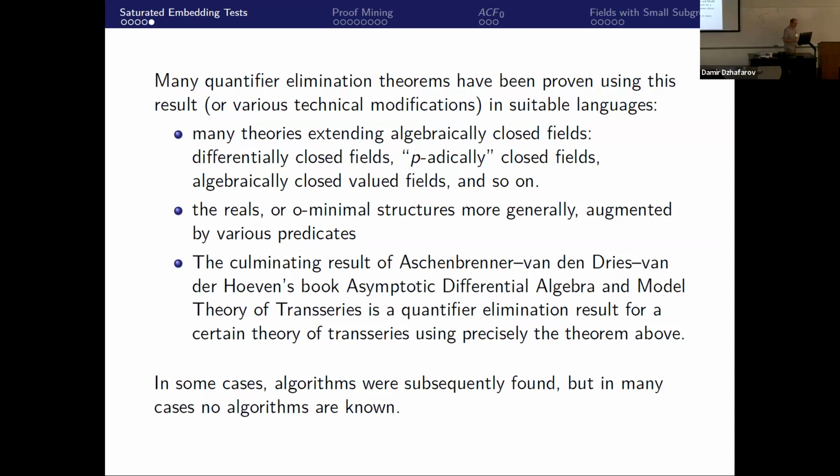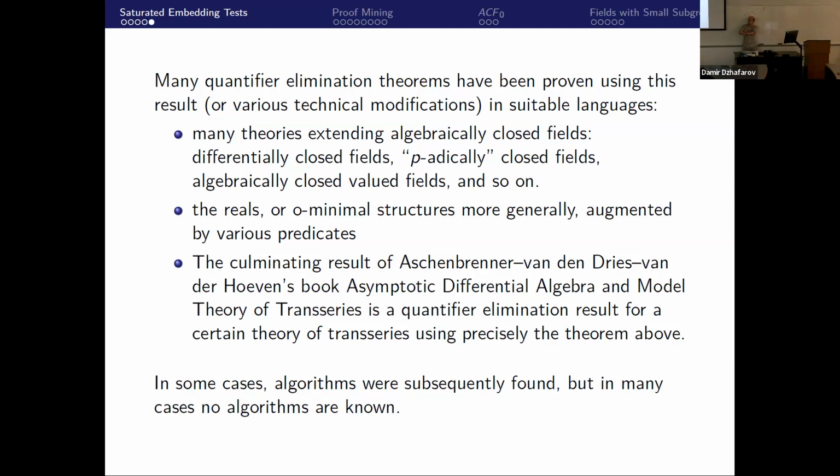Theories like this. I'll mention specifically, there was this book, maybe 6 to 8 years ago by Aschenbrenner, van den Dries, and van der Hoeven, this 800-page tome on transseries. It won the book prize from the ASL. It was a big summing up of a lot of developments in the model theory of these infinite series.